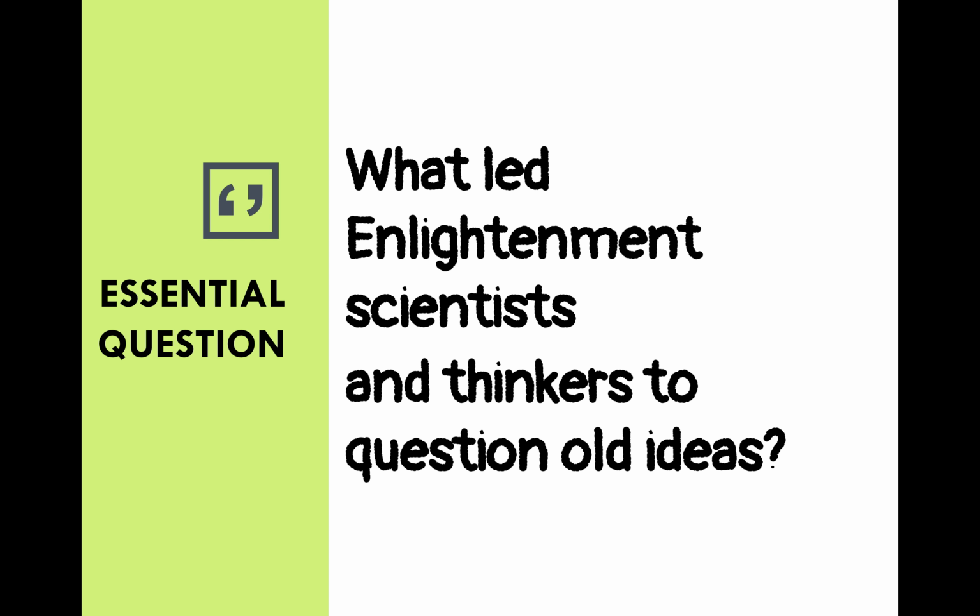Similar to the movement that we saw with the Renaissance, where artists and writers and great minds started thinking and questioning old ideas, what led the scientists and thinkers during this time period to also question those Middle Age and Renaissance ideas, further the thinking and really push themselves?